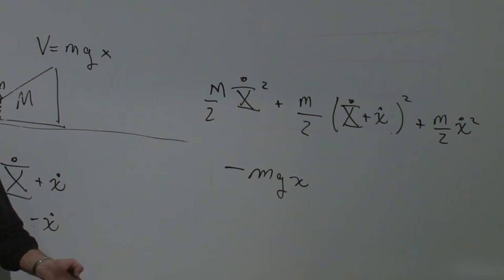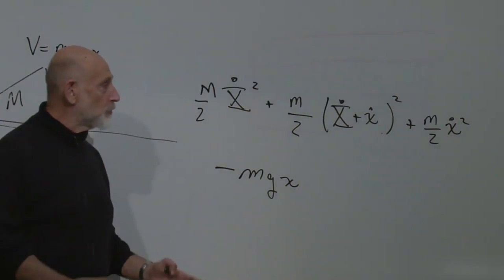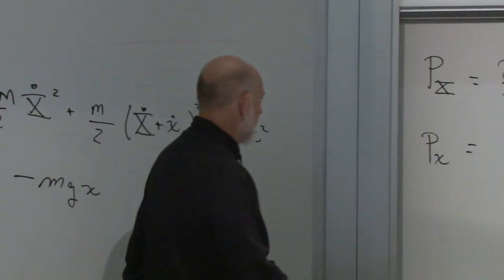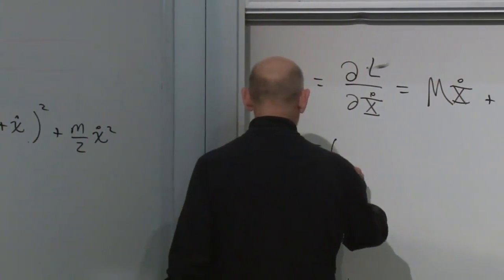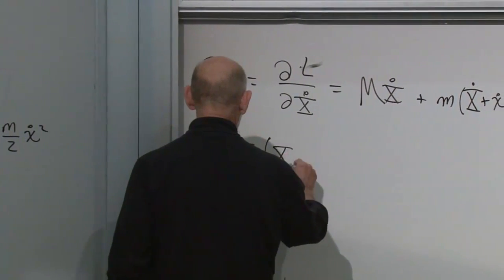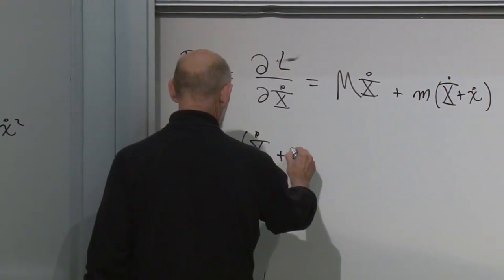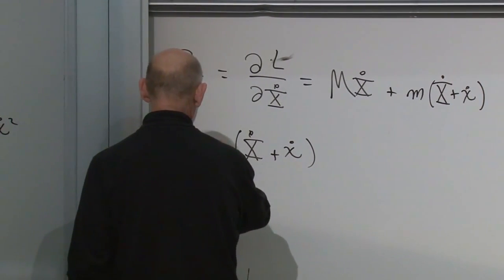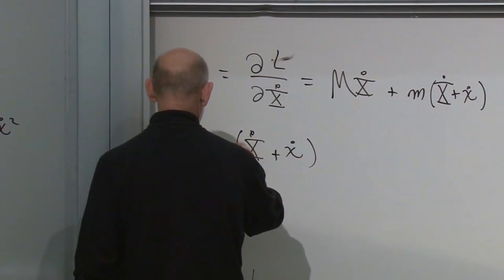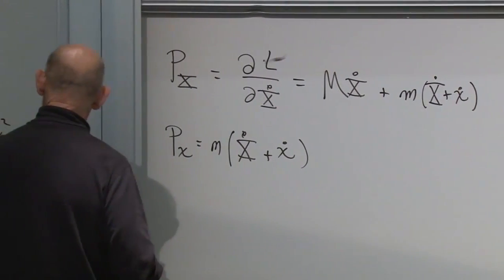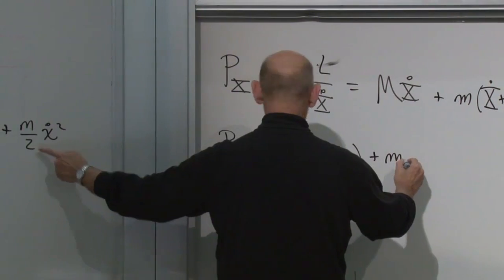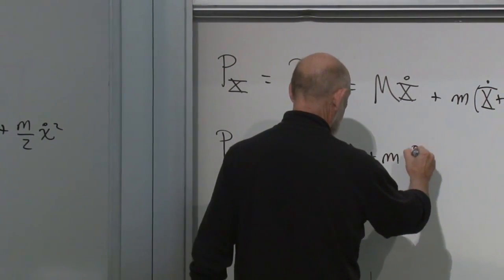We'll call it canonical, that's the word for it, or momentum conjugate to little x. What is it? It's little m times big X dot plus little x dot, and then another little m times little x dot from the y motion.